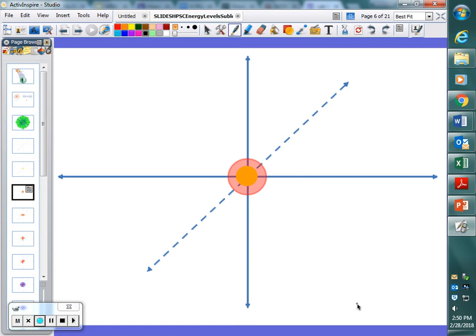Tell me about the electrons in that orbital. They have more energy, right? Why? Farther away from the nucleus, right? So the lowest energy electrons are going to exist in the yellow sphere. The next lowest energy electrons are going to exist in the red sphere.